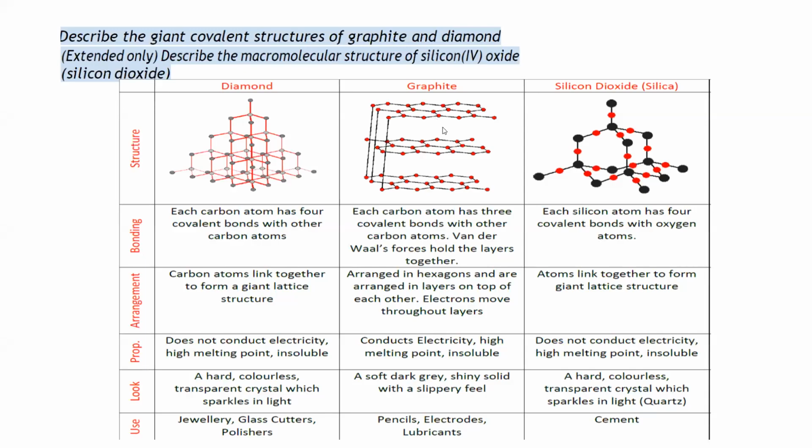So in the last session, we were discussing the macromolecular structure, and only three macromolecular structures you have to learn. That is diamond, graphite, and silicon oxide.